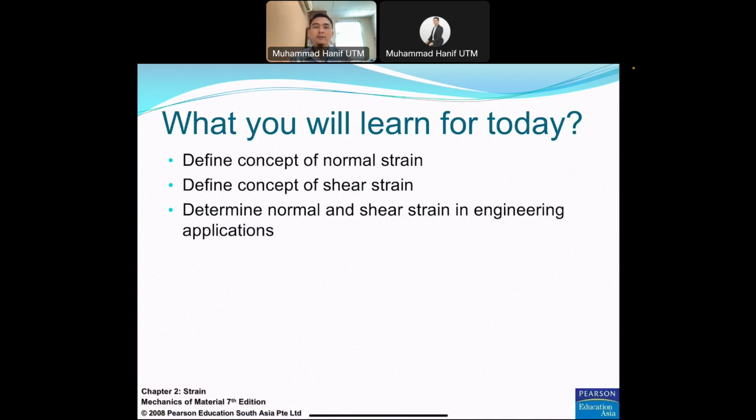It is similar to stress, where we have normal and shear stress, and the same happens with strain. The last one is to determine normal and shear strain in engineering applications. So you learn the concept of normal and shear strain, and later you will use that fundamental knowledge to determine normal and shear strain in engineering applications, especially biomedical engineering applications.